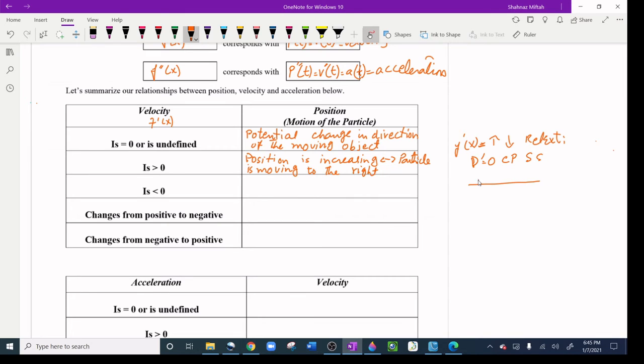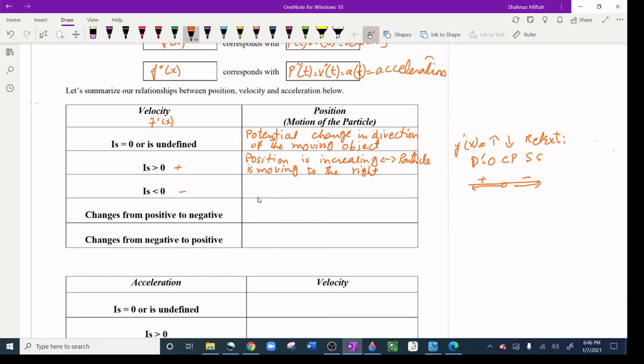When we make a sign chart, we have positives and negatives, for example. 0 is my critical point. A positive and negative. So I'm going to say it's increasing from negative infinity to 0, decreasing from 0 to positive infinity. But in the case of particle motion, we're going to say the particle is moving to the right, and the particle is moving to the left. So negative is left, positive is right, since this is positive and that's negative.